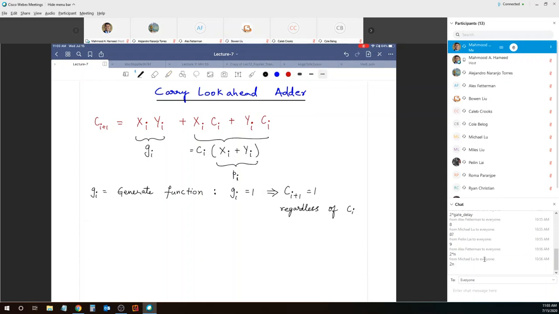The next function is what? P sub i. It's called the propagate function. Why is it called the propagate function?